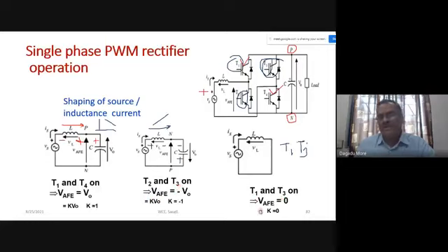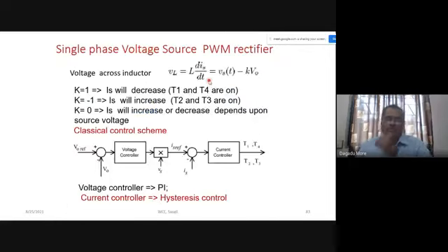And K will be equal to 0 when T1, T3 or T2, T4 are on. So for this case there are two possible combinations: the upper two may be on or the lower two may be on. This is how we control the voltage across the inductor, and it means we are controlling the current through the inductor.